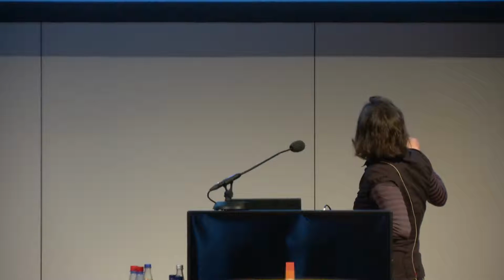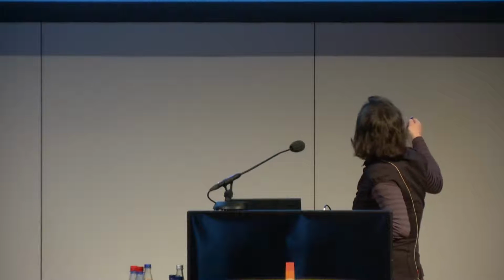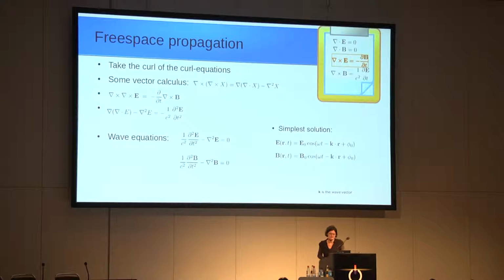The k here is the wave vector, and here we get our dependence on the location and the phase. This wave number k represents the rate of change of the phase and also points in the direction of propagation.